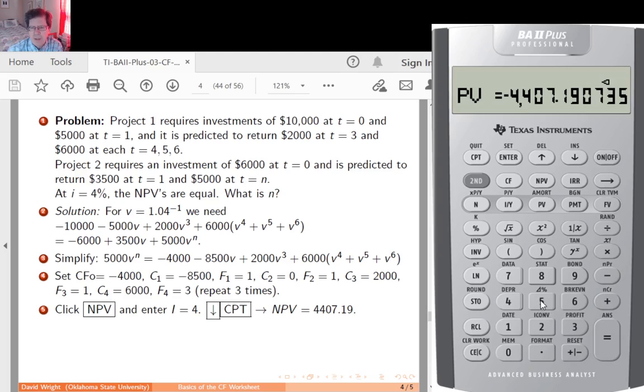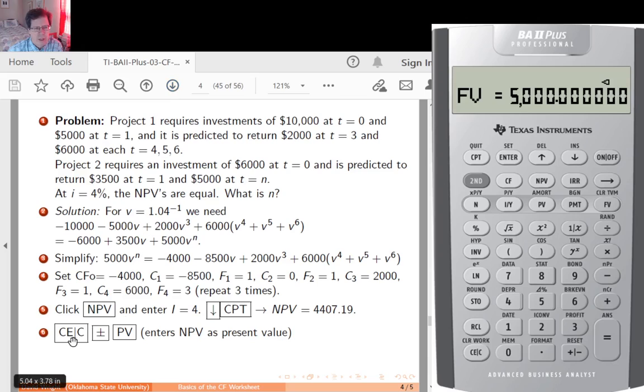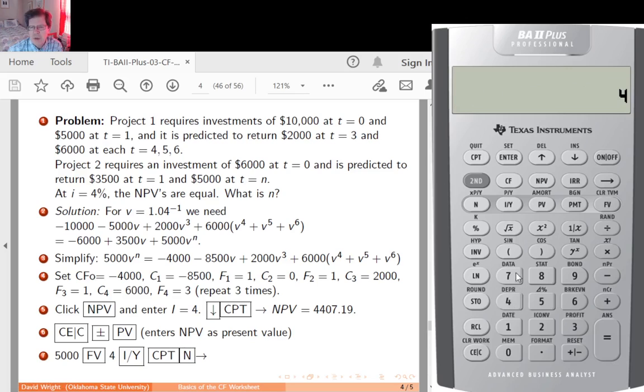And then 5,000, we're going to put in for future value. So here's what we're doing. I cleared, changed the sign, put that in as present value, and I put 5,000 as future value. The interest rate is 4, and that has everything I need to use the TVM to calculate N, which is what we're looking for.